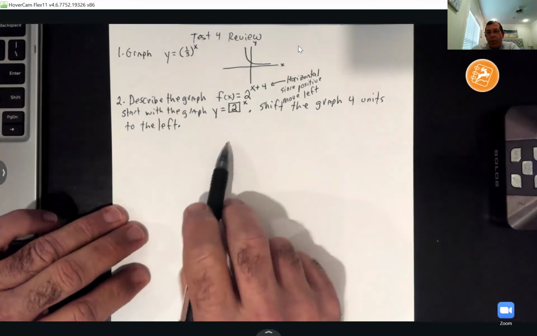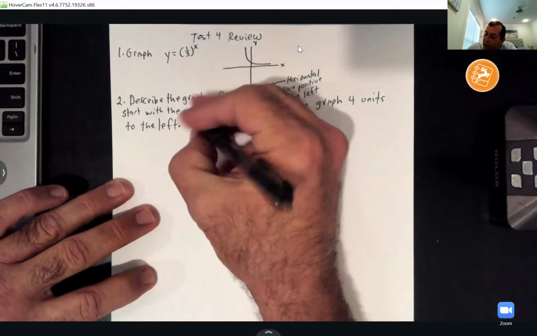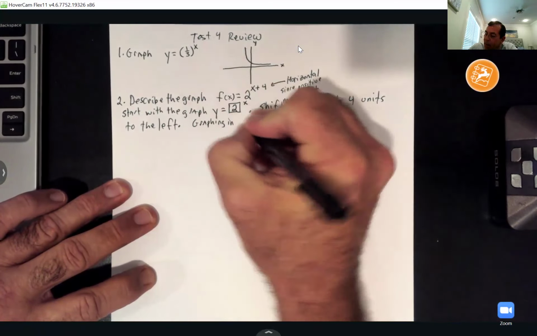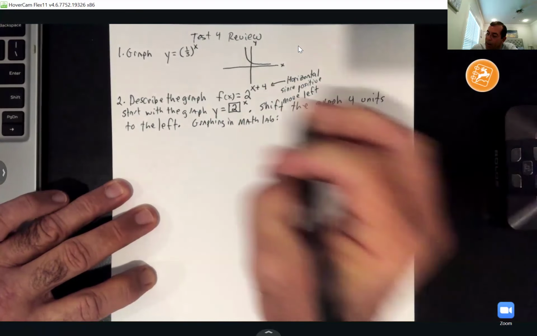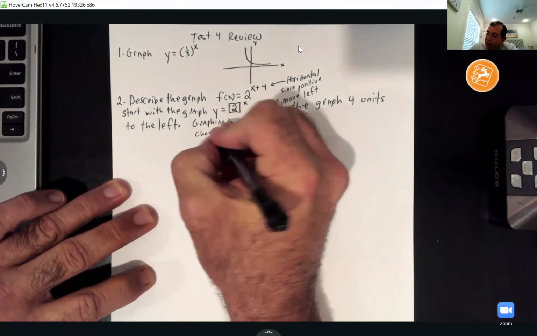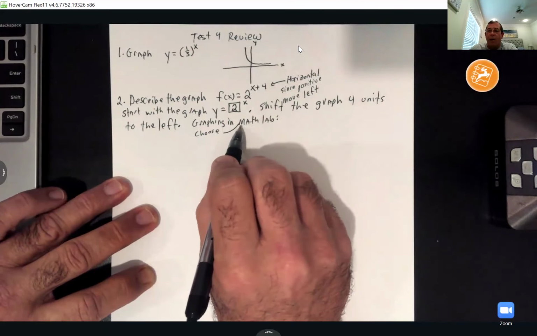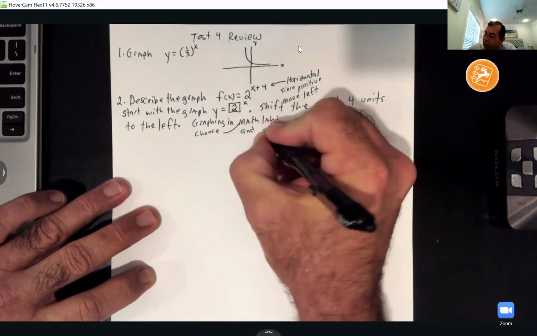Now, after we do that, we then have to graph it. So remember, graphing in MathLab, we choose the exponential tool, which looks like a curve going to the right. So you choose the exponential tool and click on the graph.